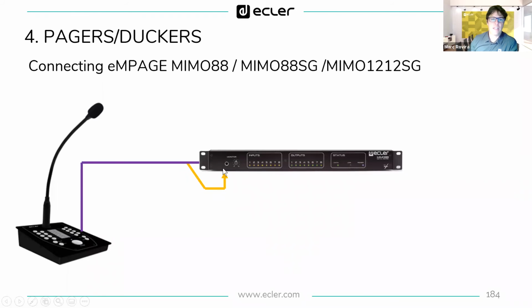To connect this, here we have the MPage module. The end page is the paging station. So we connect to the remote port in the back of the unit, but we have to connect the audio signal to one of the audio inputs.